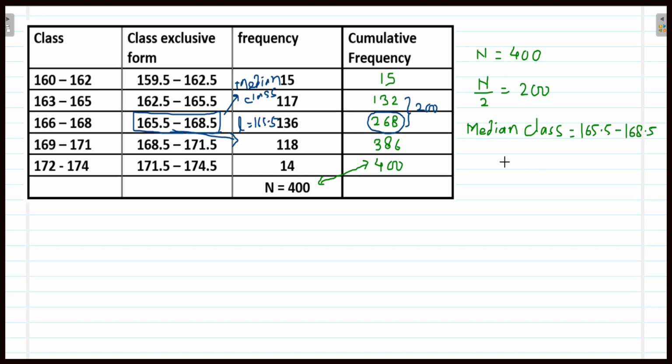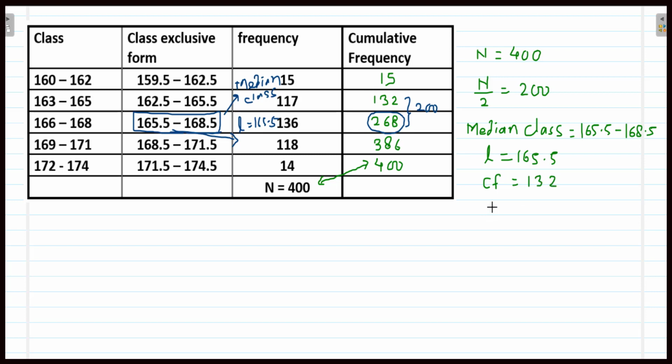Then we write L. L is the lower limit of the median class, that is 165.5. Then we write cumulative frequency. Cumulative frequency is that cumulative frequency which is previous to that of the median class. So this is the median class, so its previous cumulative frequency is 132. So CF will be 132.